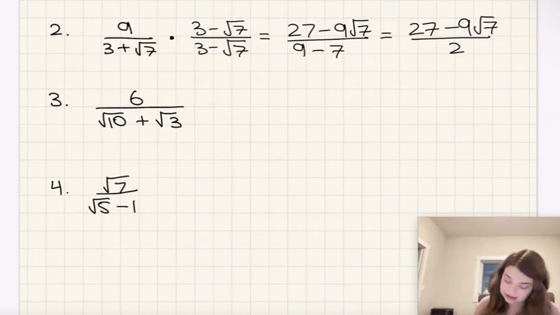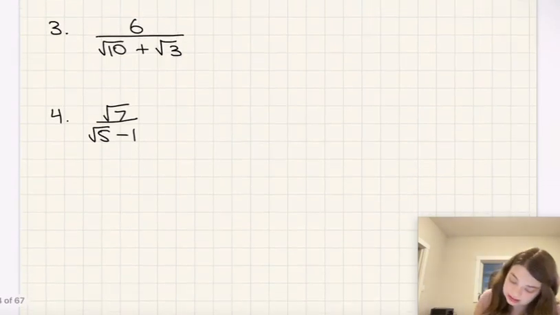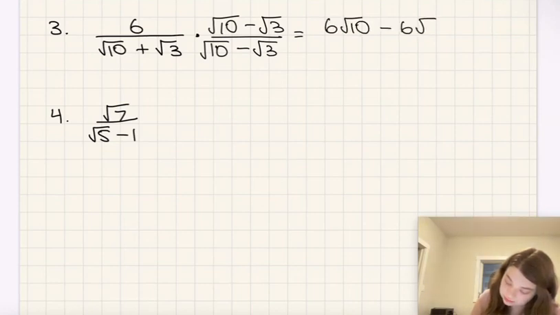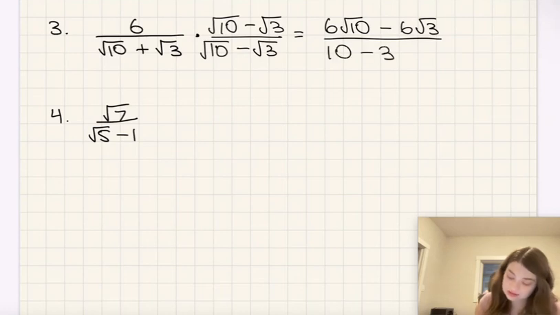Okay, let's try this next one here. So for this next one, I'm going to multiply by root 10 minus root 3, like that. And then we're going to do 6 root 10 minus 6 root 3, like that. And then here we're going to do 10 minus 3, because again, outer and inner are going to cancel each other out.